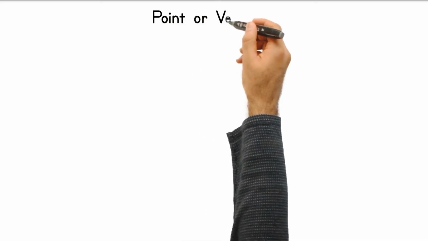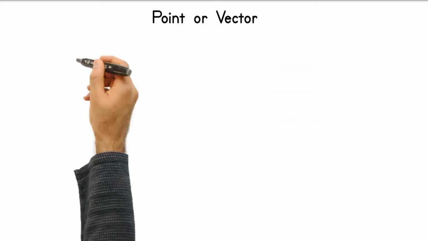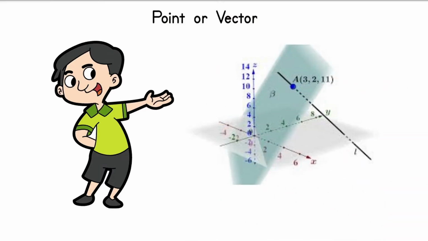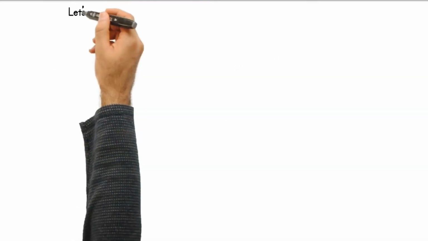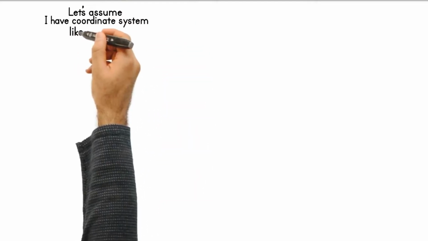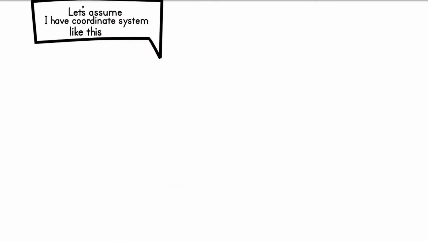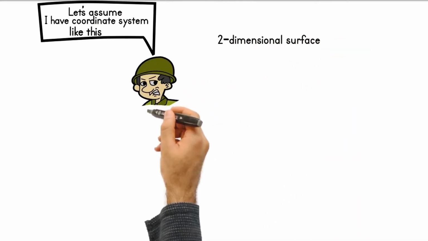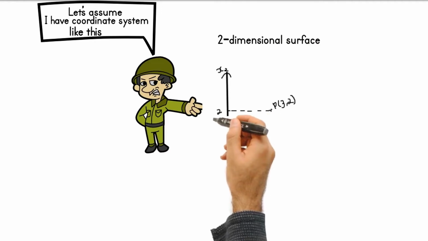One of the very basic concepts in linear algebra is the concept of a point or a vector. Let us understand with simple coordinate geometry. Let's assume I have a coordinate system like this. Geometrically this is a two-dimensional surface, and let's assume I have a point P here.